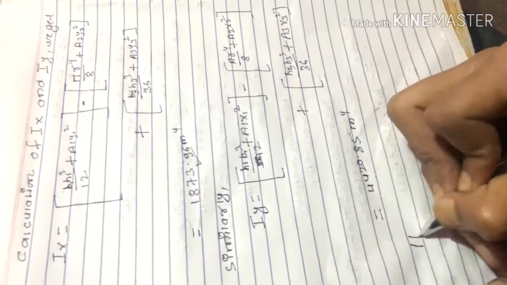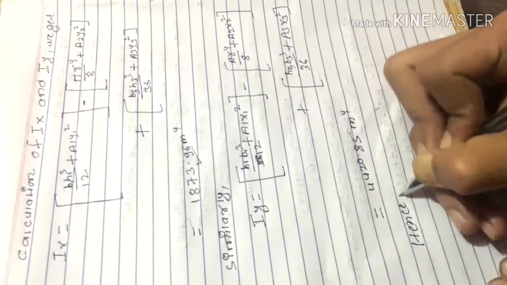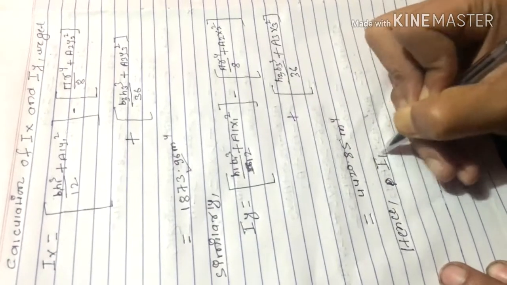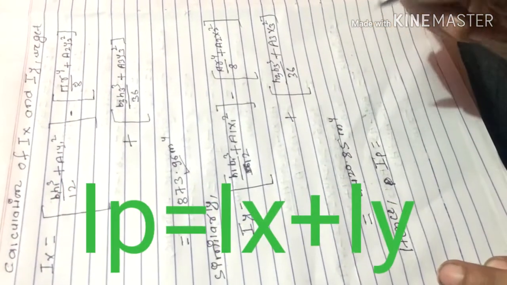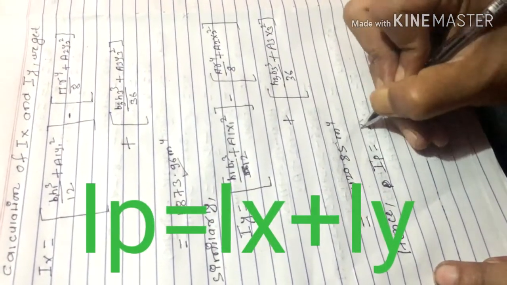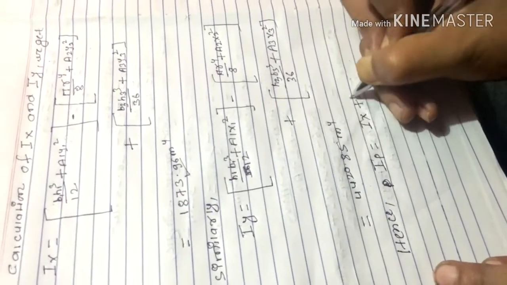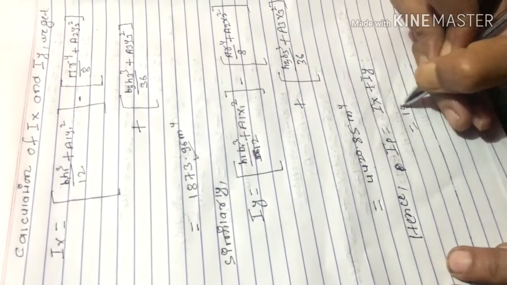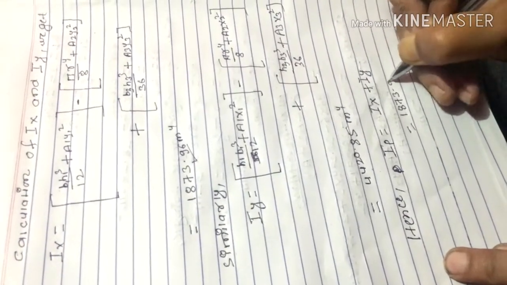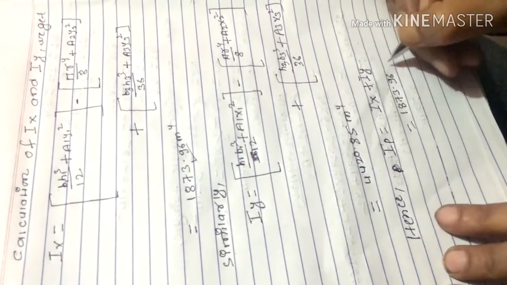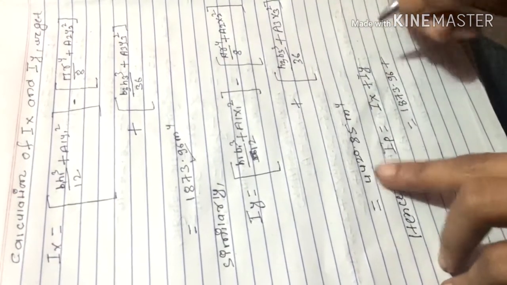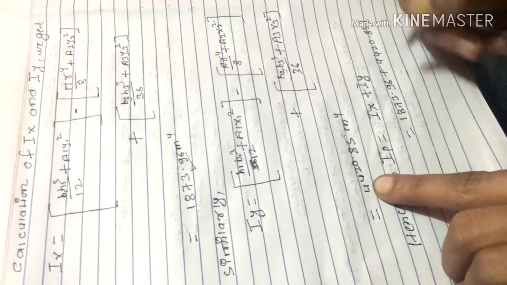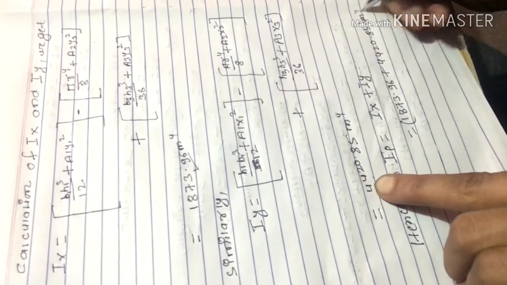So if Ip is the polar moment of inertia, then we know polar moment of inertia is equal to Ix plus Iy, that is 1873.96 plus 4420.85 meter 4.